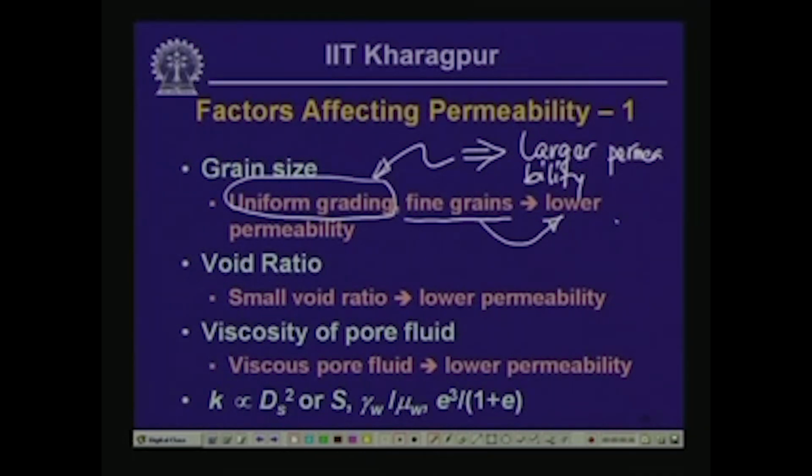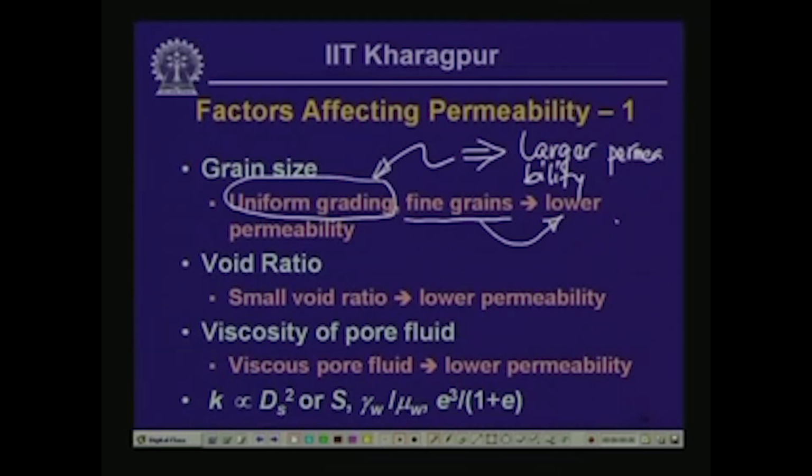So, in order to summarize all these things that we mentioned, permeability K is going to be proportional to the square, in fact, of the representative grain size or the surface area of the particles. So, if you have got a very large surface area, you are going to have a smaller permeability.